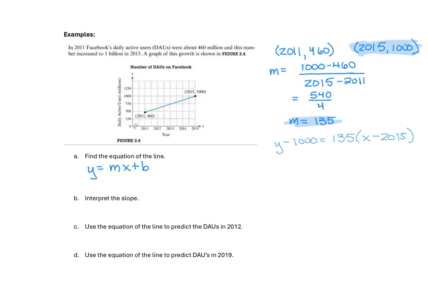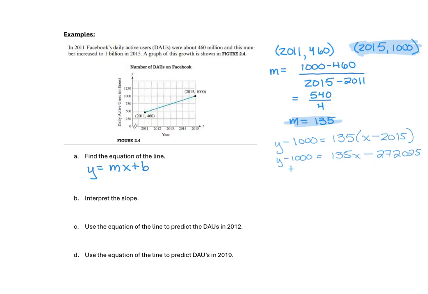All right, if we go ahead and find the equation of our line, we do want it in slope-intercept form. We're going to distribute. We get y minus 1000 equals 135x minus, if we multiply 135 times 2015, we get 271,025.